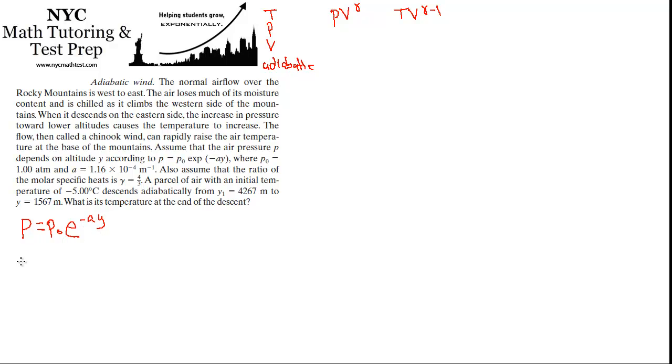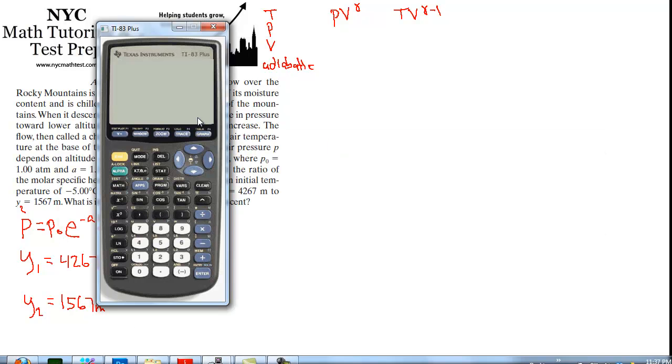We know y1, the initial altitude, 4267. And y2 is the final altitude, 1567. They didn't give us a subscript 2 here, but we can certainly use one. And we can find the pressures from these altitudes.